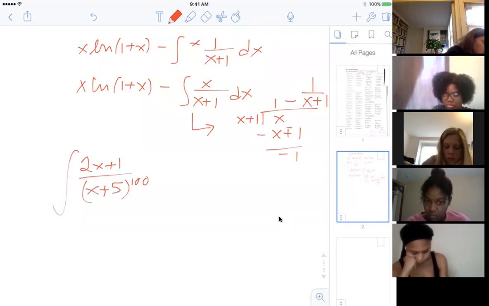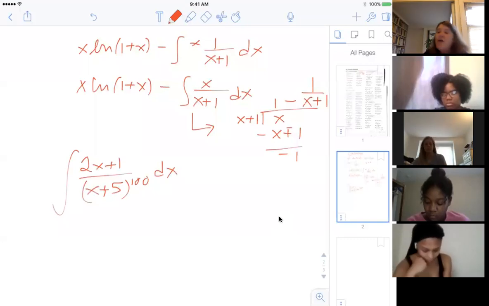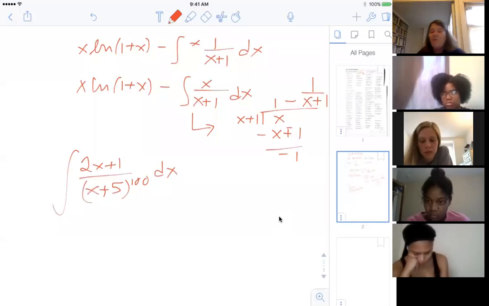That's a little funky looking. I don't think you're going to use partial fractions on it. Why? What would you have to do to set it up, guys? Break it down to 99 parts. Yeah, you'd have 99 things out there: A over x plus 5, all the way up to A over (x plus 5) to the 100. That's out of the question.